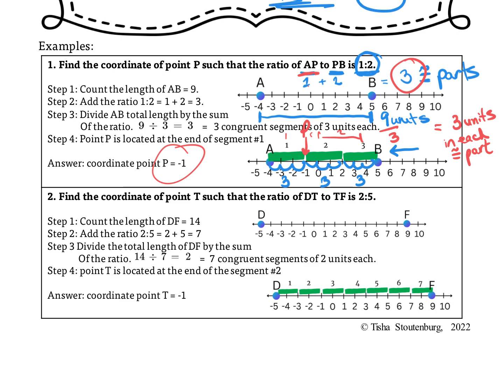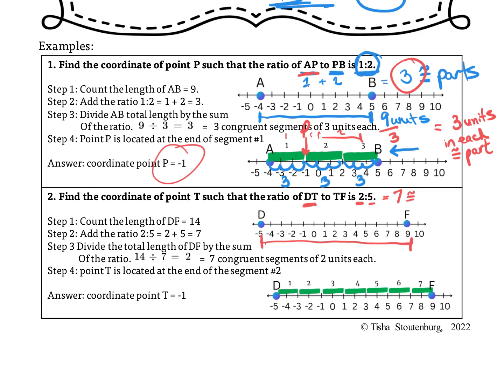All right, so here, again, we want to find the coordinate of point T, so that I'm breaking up line segment DF such that wherever point T is, there are 2 congruent pieces to the left of point T, and there are 5 congruent pieces to the right of point T. Okay, so that tells me that I need 7.